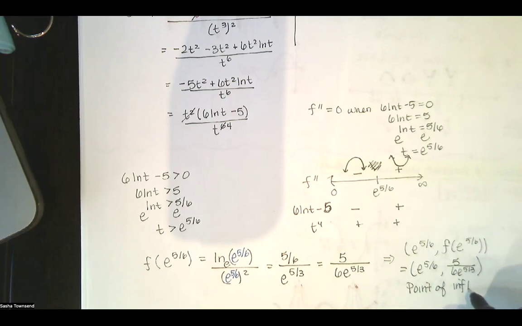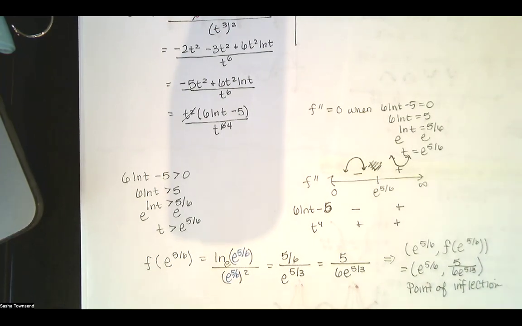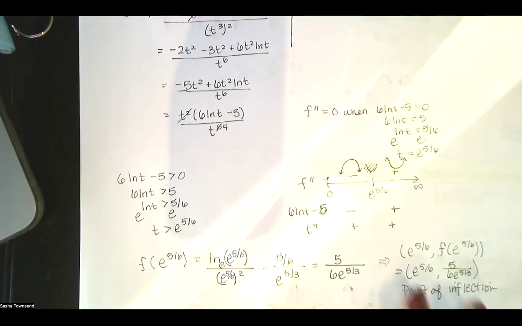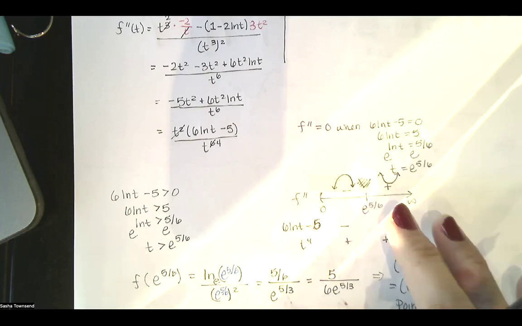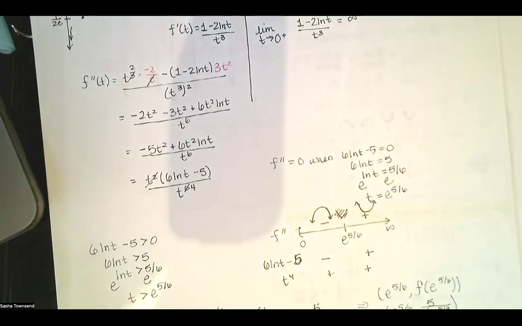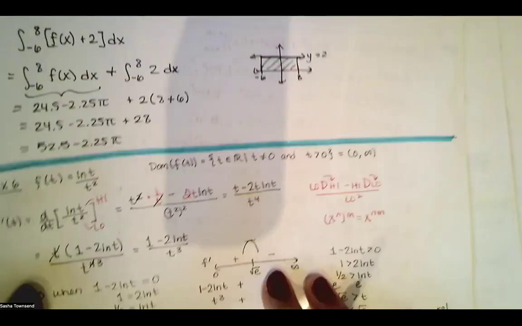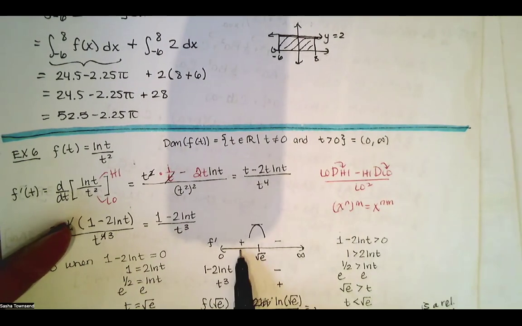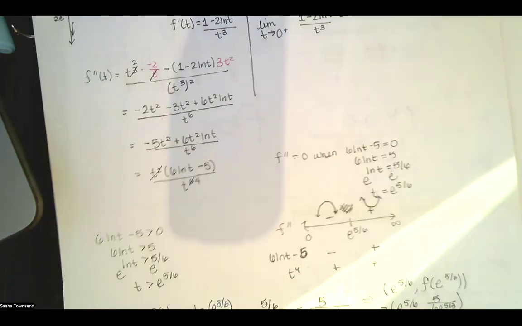And I still need a calculator to approximate those values in order to graph it by hand. But it should go from concave down on this interval to concave up on this interval. And then based on this sign chart, we know the function should be increasing here and then decreasing here. So let's put those two pieces together.